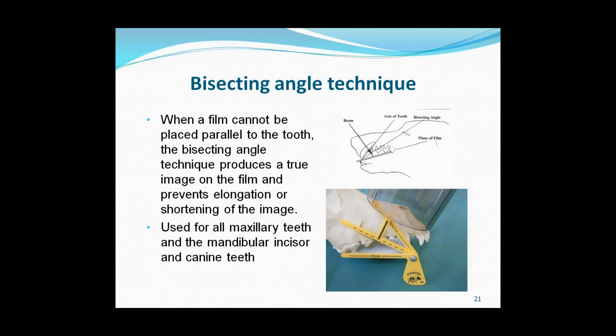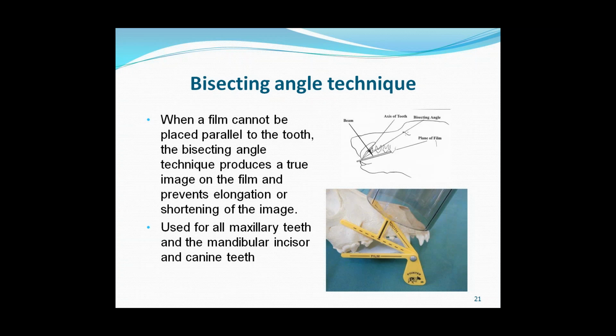For all of the other teeth, because we have a flat hard palate, unlike our own hard palate, which is more like a vault, we need to use what's called the bisecting angle technique. So we take a three-dimensional view of the tooth, the film, and where the beam is going to travel.